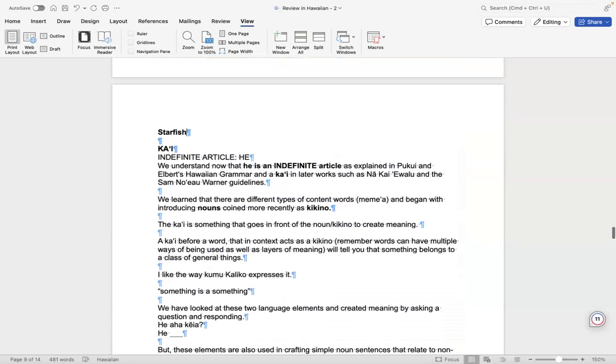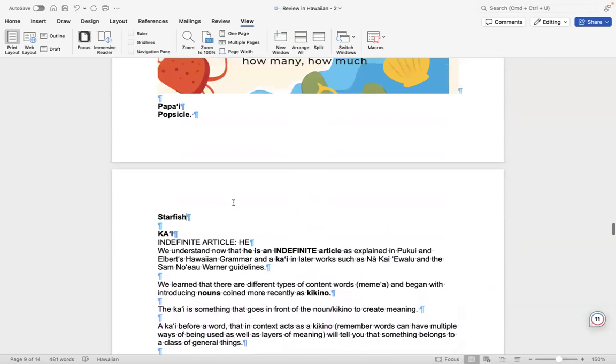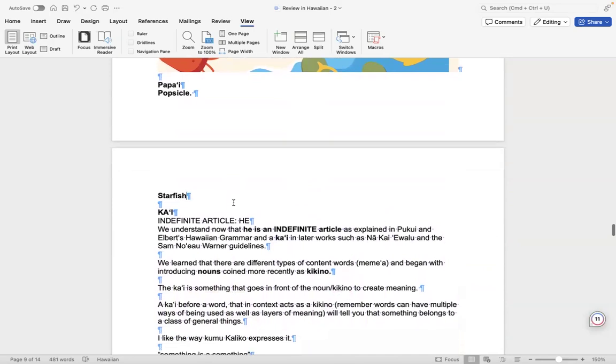All right. So then to review once again of continuing on with the elements, we began to look at kaʻi, and we learned that it was originally called an indefinite article he, and that was explained in Pukui and Albert, and then also they call it an indefinite article in Kaleha Aheo.